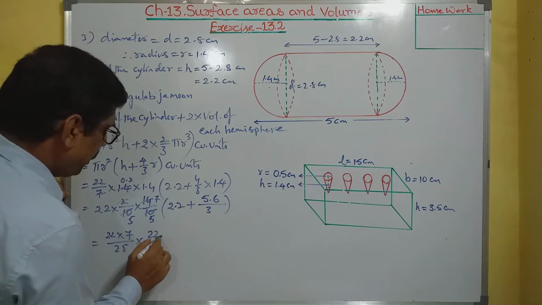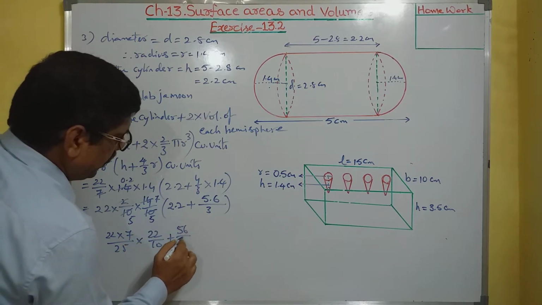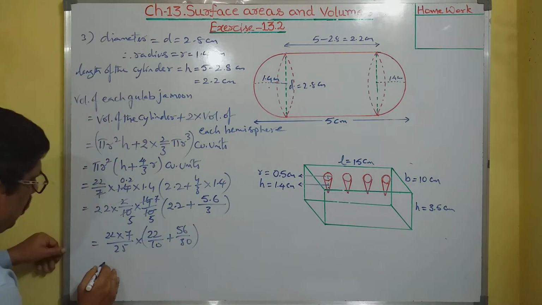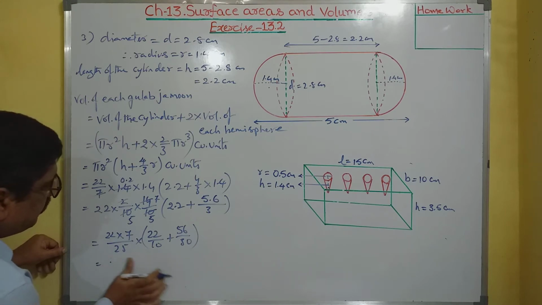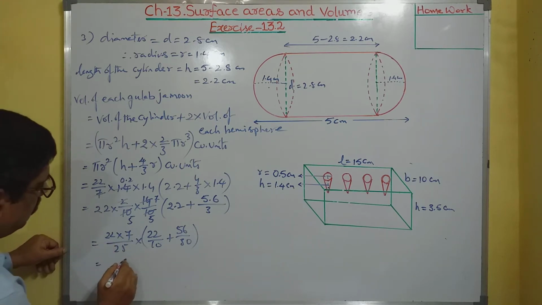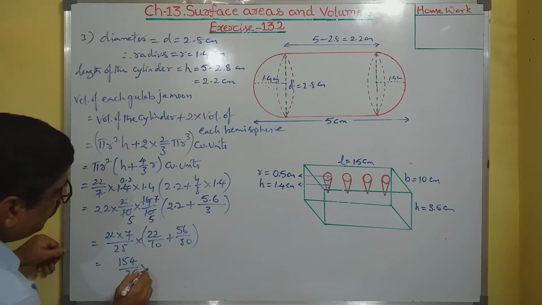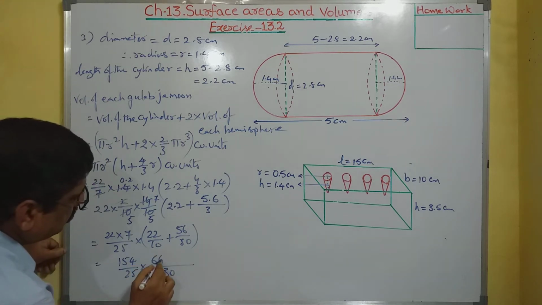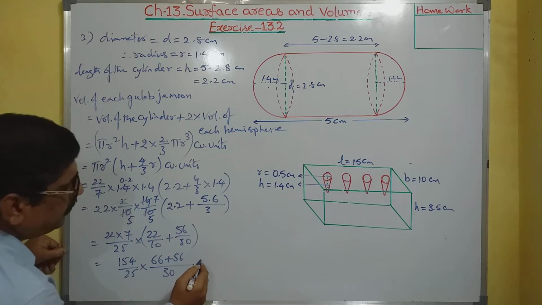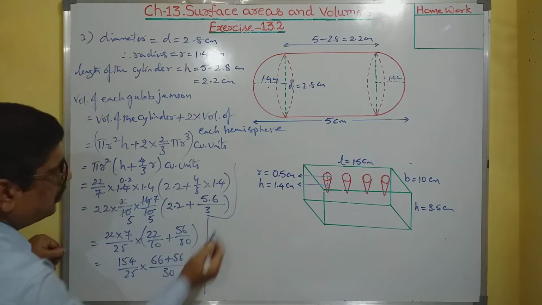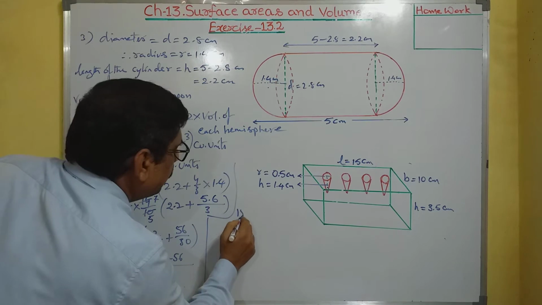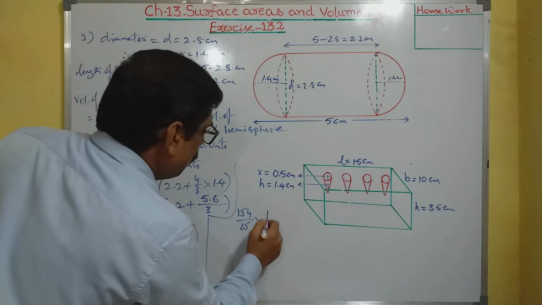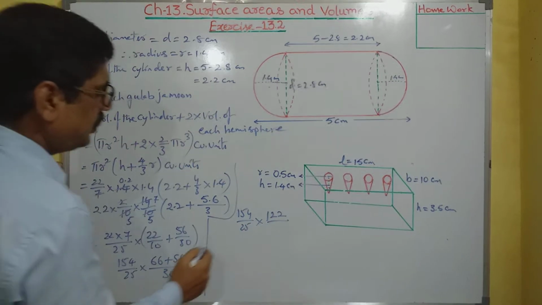Here we can write it as 22 by 10 plus 56 by 30. Let us take the LCM, 30. 10 3s are 30, 3 22s are 66, plus 56. So we get 154 by 25 into 66 plus 56, 122 by 30.